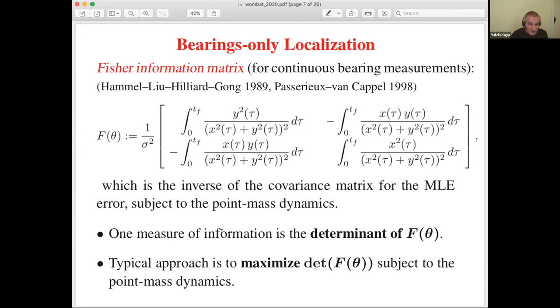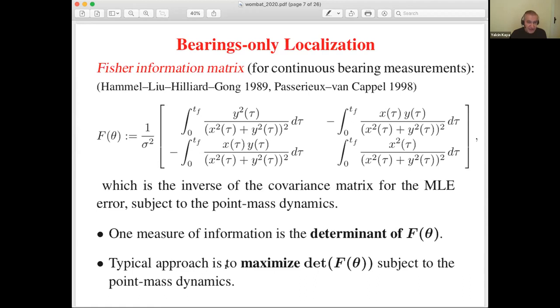So one measure of information is the determinant of the Fisher information matrix. What is it related with? It's related with the ellipsoidal area of uncertainty, or confidence area. With what confidence can you tell that your estimation is good?